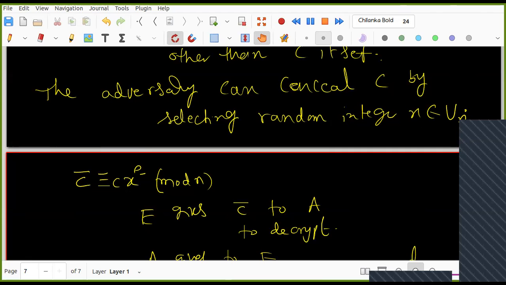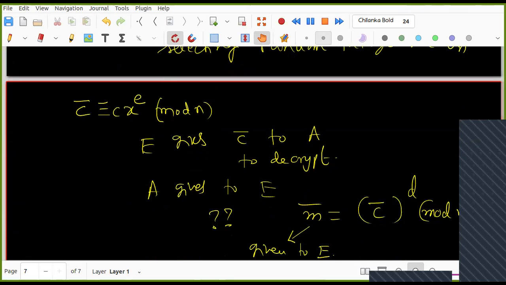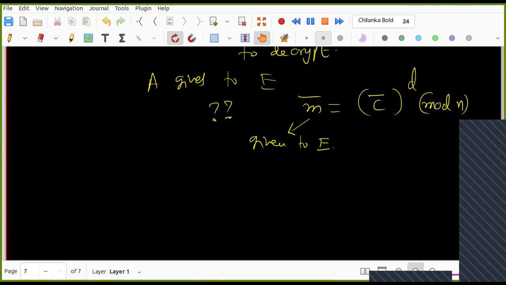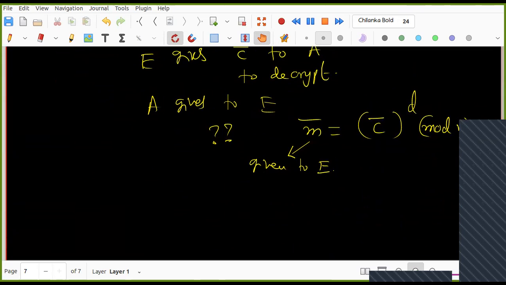E and N are known publicly, so he computed C times X power E, that is C bar. Now you promised me that if I give a ciphertext, you give me the plaintext, and now I'm giving you C bar. He asked A to decrypt, so A gave M bar back to E. Now E knows this pair, C bar and M bar.